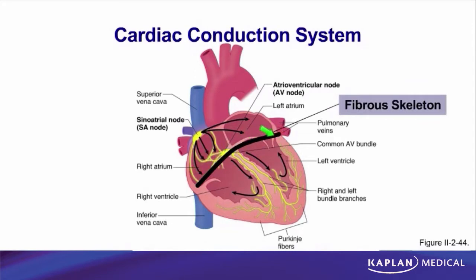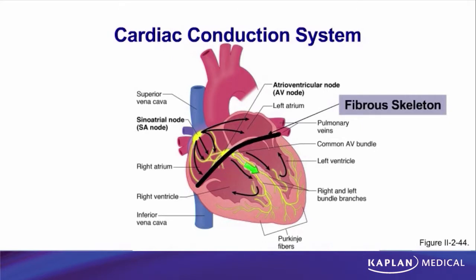Now, it serves some mechanical function as being an anchoring point for cardiac muscle, but for our purposes now, the other important feature of it is that because it is fibrous connective tissue with very little in the way of cells or cell membrane, it's fundamentally serving as a layer of insulation separating atrium from ventricle. And because of that fibrous skeleton, atrial cells do not directly communicate with ventricular cells. That being the case, the sinoatrial node is able to drive all of the atrial cells to depolarize at its rate, but it cannot directly drive ventricular cells.